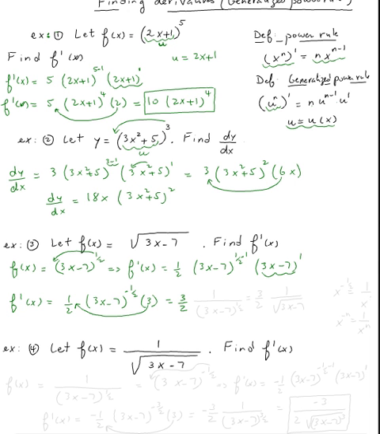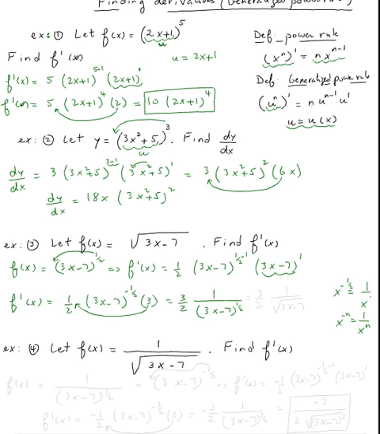And then I'm going to write (3x minus 7) to the negative 1/2 as 1 over (3x minus 7) to the 1/2. Remember, anything to the negative 1/2 is the same thing as 1 over x to the 1/2. In other words, x to the minus n is the same thing as 1 over x to the n. When you move something to the denominator, the exponent changes sign.